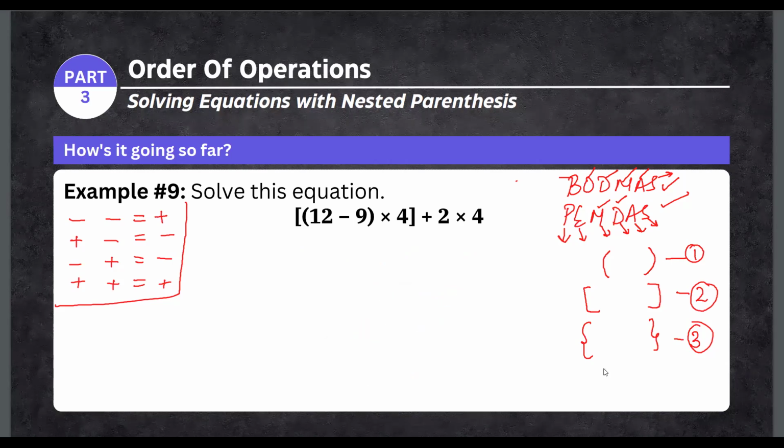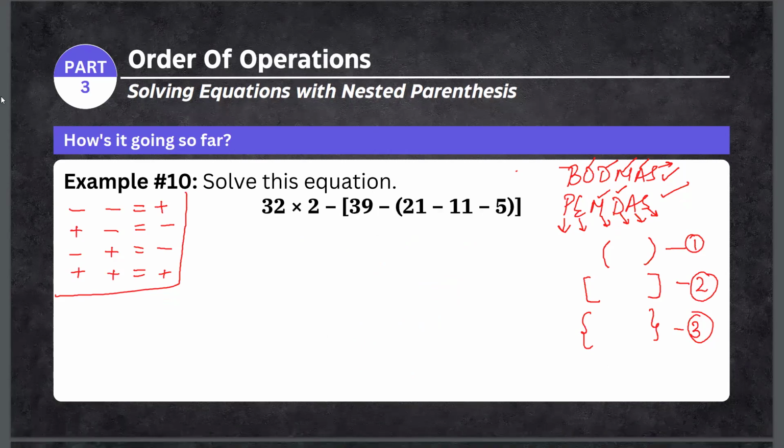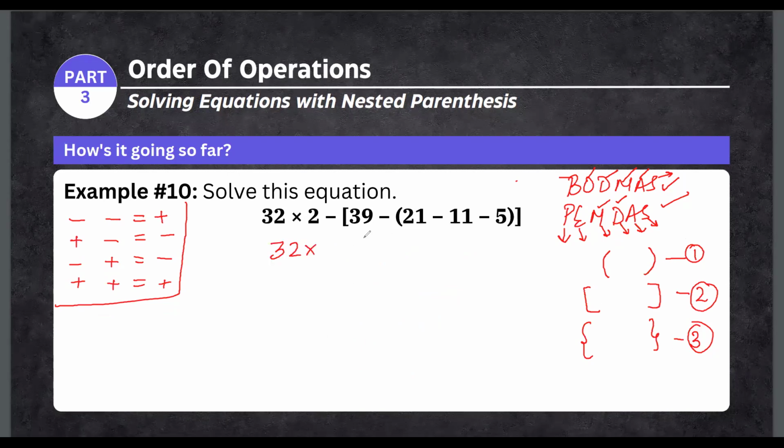Now, next we have to move ahead to the last question. That is 32 times 2. So we will write it as it is minus 39 minus, because we have to solve this bracket first. So 21 minus 11 is 10 minus 5. Okay, because I haven't solved it completely, so I'm putting it in the bracket.